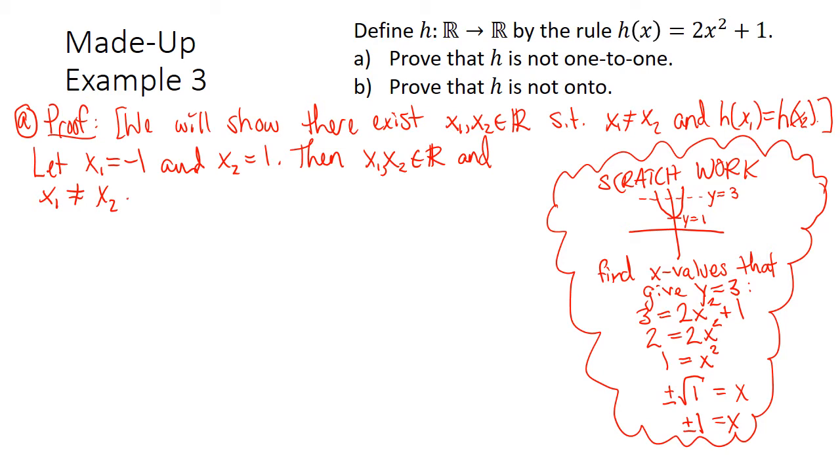Okay, and then lastly, I just need to show that x1 and x2 do produce the same value from h. So h of x1 equals, I'm just going to plug in x1. And h of x2 the same.